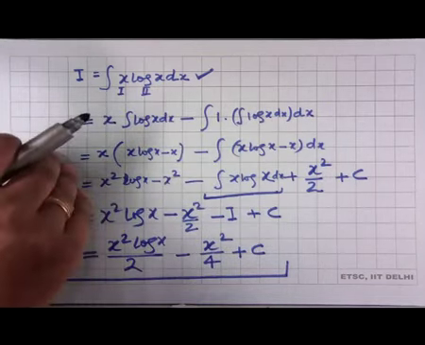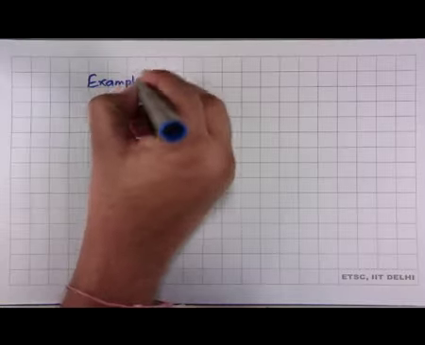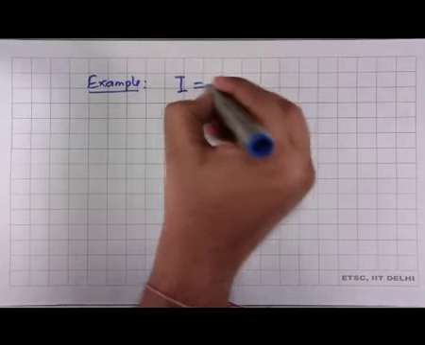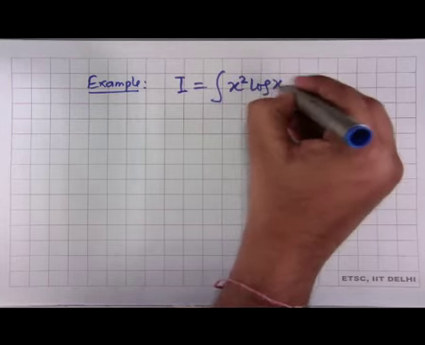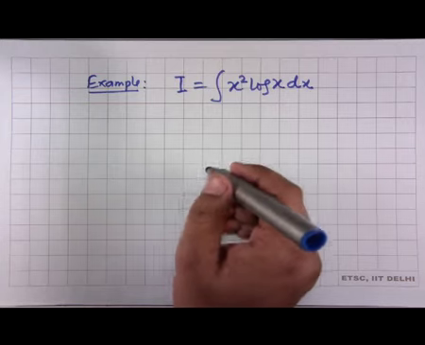I will give you another example, which I shall not solve. Look at this example: evaluate the integral of x square log x dx. Use both the techniques which I told you.